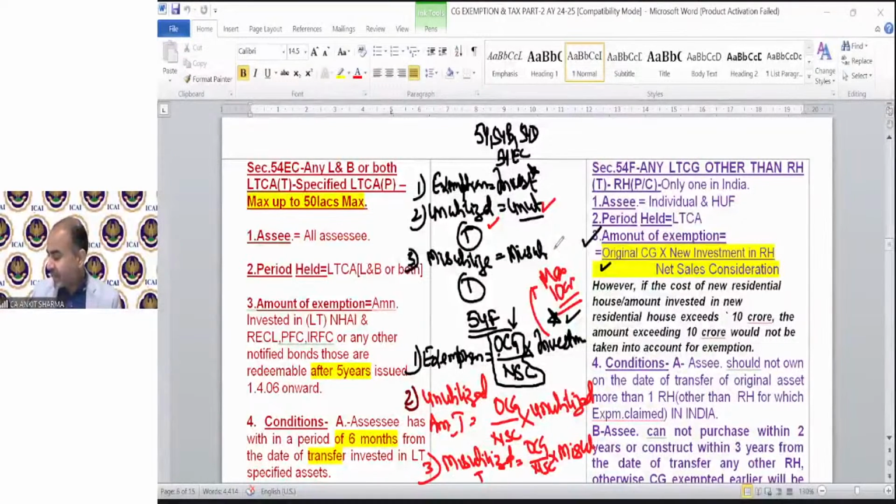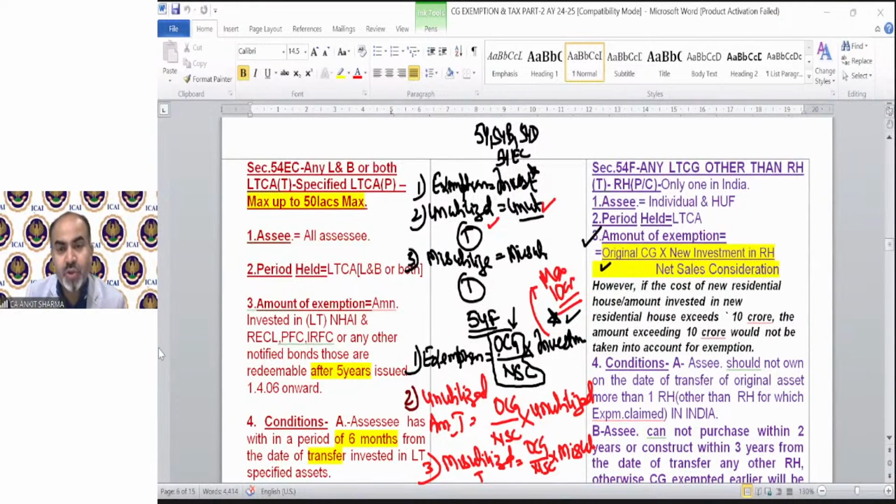So whenever you need to find any amount in section 54F, you have to multiply this proportionate value, which is original capital gain upon net sale consideration. Clear?